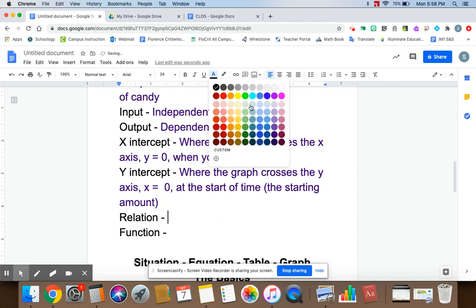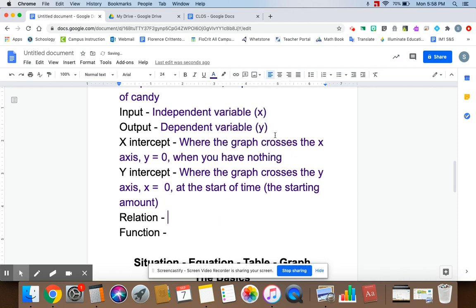And then same thing for relation and function. So a relation is anything that relates x and y. So anything in math that relates independent variables with dependent variables, or inputs with outputs.